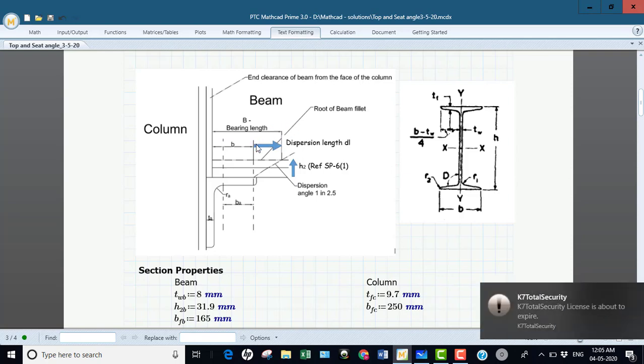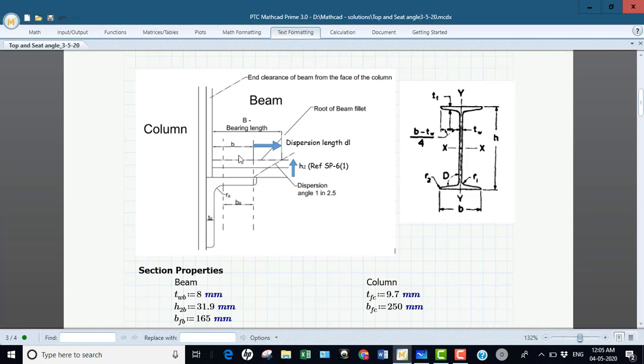If I reduce this dispersion length, I know the bearing length of the beam required, or this is the safe bearing length of the beam required on the seat angle. So with this B, I can dimension the size by including the clearance.